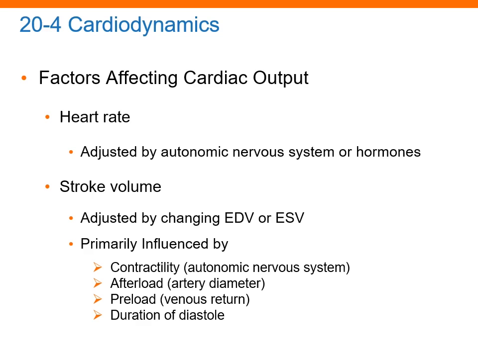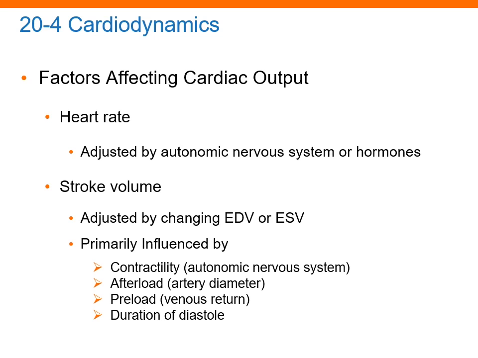Preload is also venous return. It's the same thing, and that means how much blood is returning to the heart before each beat, right? So how much blood is getting in the ventricles at the end of diastole. So generally, the more preload, the higher the stroke volume. And then duration of diastole, of course, that means how long is the heart resting before the next beat.